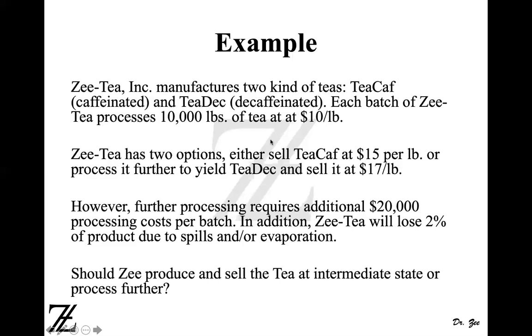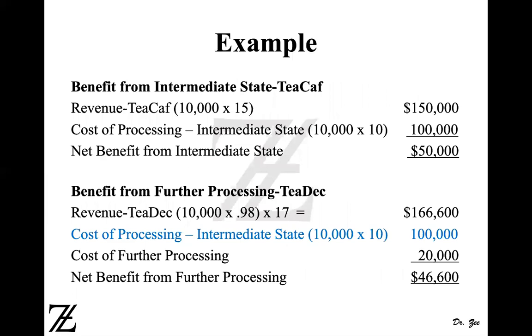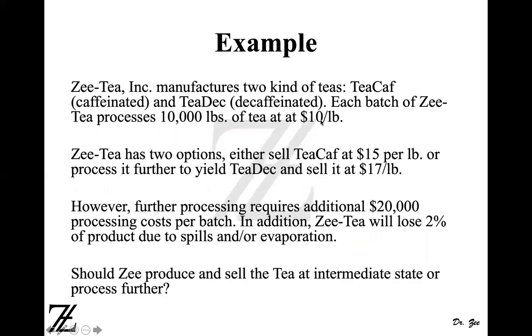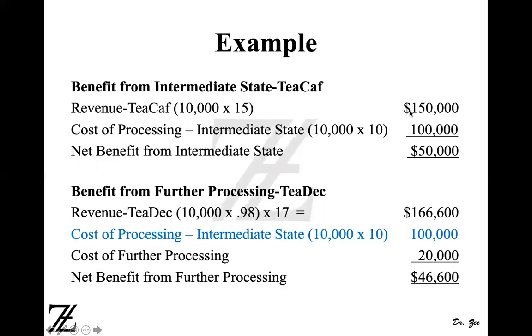Should ZT produce and sell the tea at an intermediate state or process further? So let's see. The example continues with the solution: benefits from intermediate state, which means selling as regular TCAF. So revenue is $15 per pound times 10,000 pounds, so $150,000 revenue from TCAF.